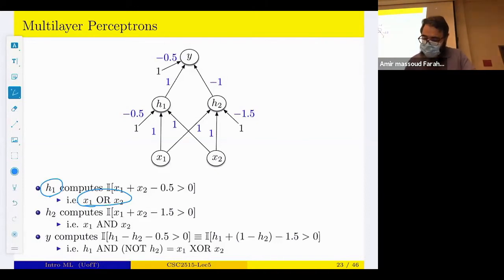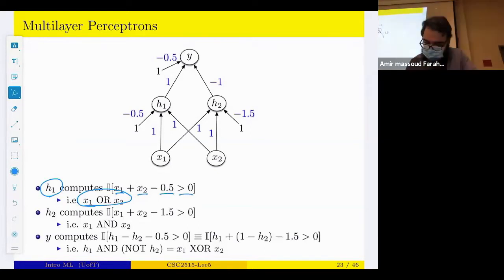If we are using a hard threshold, and we compute X1 plus X2 minus 0.5 and check whether it's larger than 0 or not, that would compute the OR function for us, right?